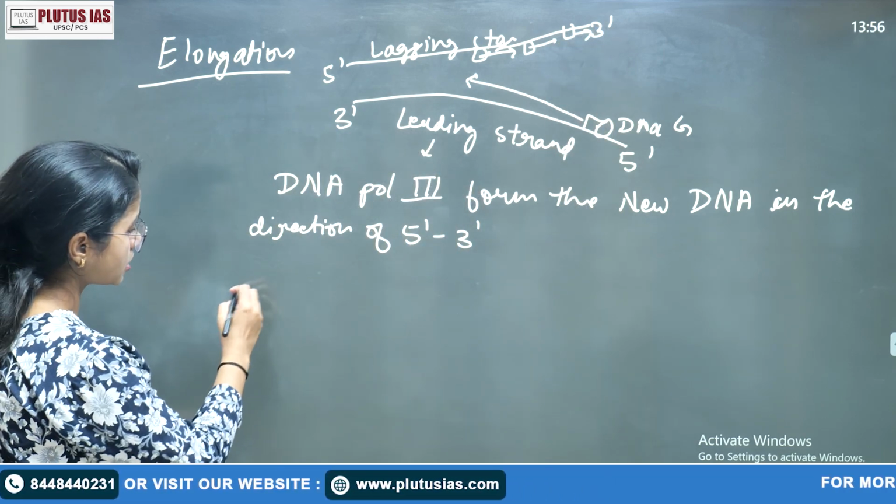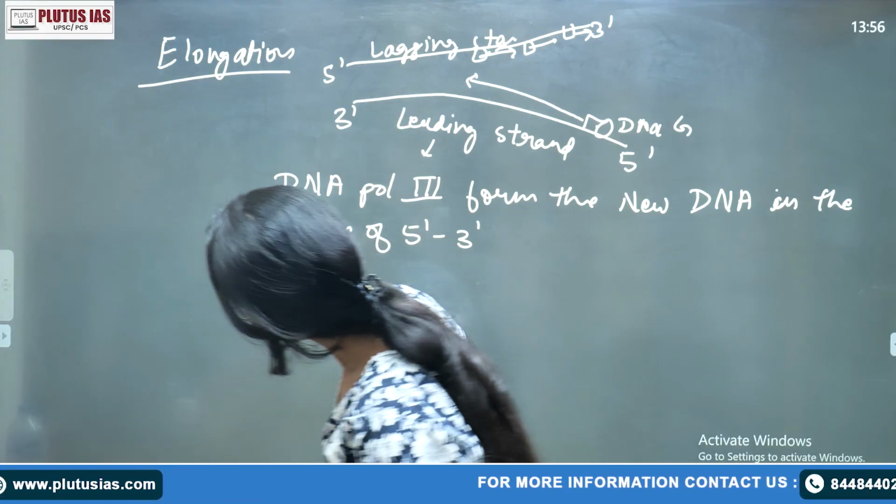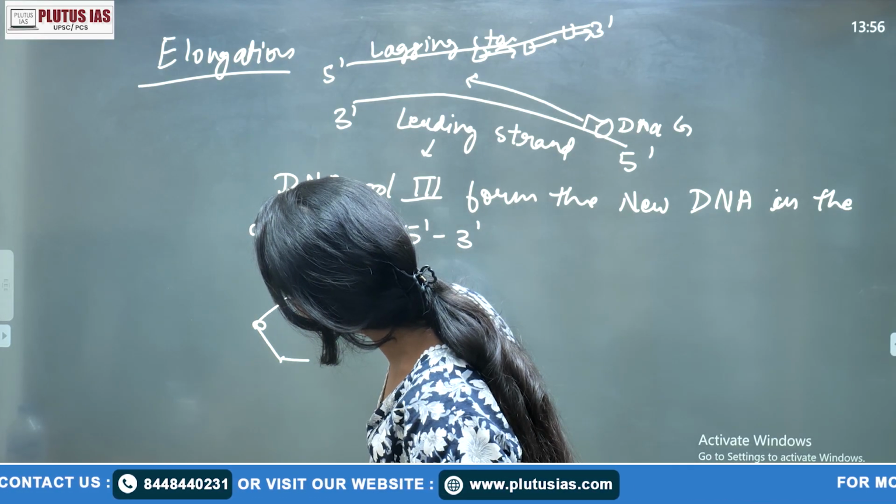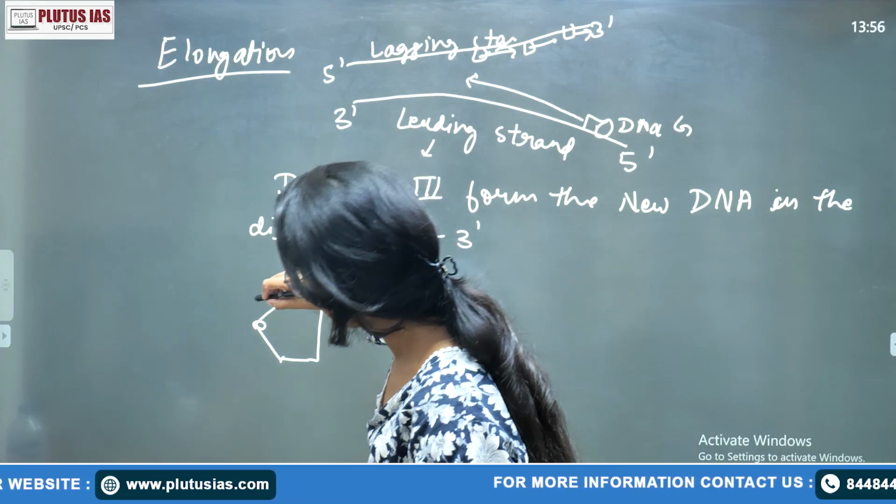How does that elongation process occur? Suppose there is one nucleotide. So this is your sugar, one nucleotide.